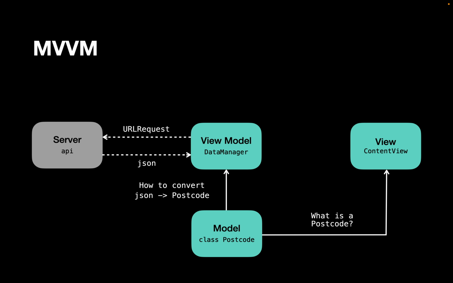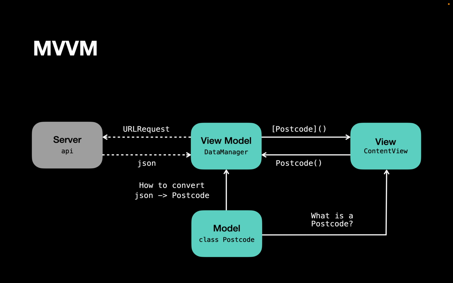Since the model is describing the data, it's able to convert the JSON into a postcode object. Once it has the data, the view model will then send it off to the view and allow it to display it accordingly. At some stage, the user may interact with the view and select a particular postcode.